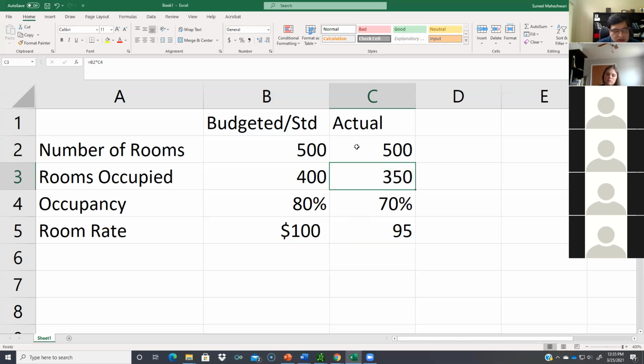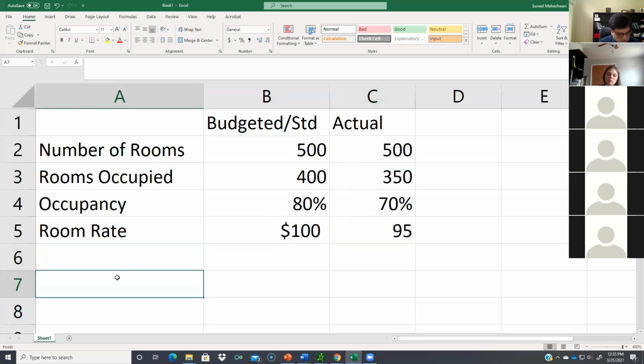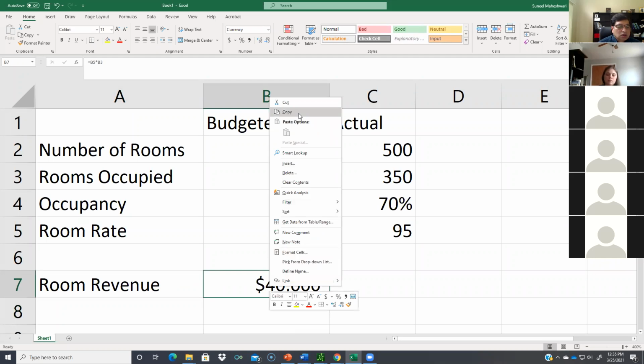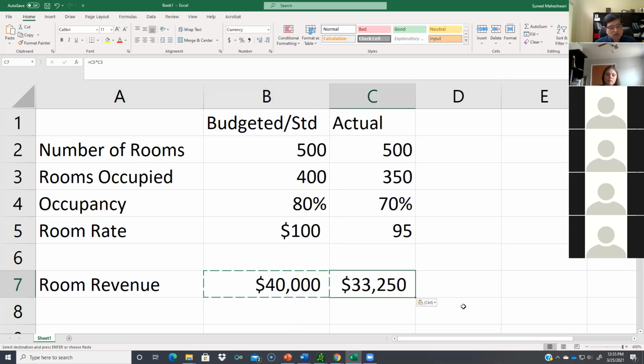Now, if you notice that if you compute the room revenue, your budgeted room revenue was 40,000. Your actual room revenue is 33,250.